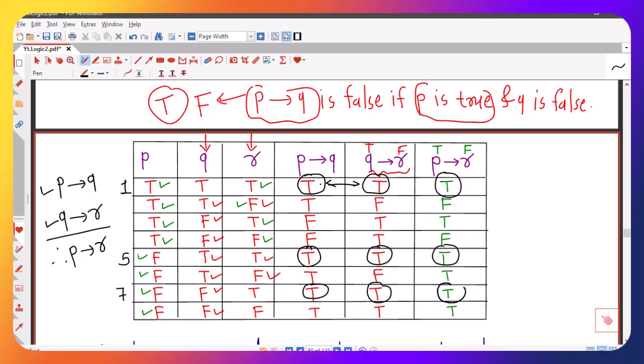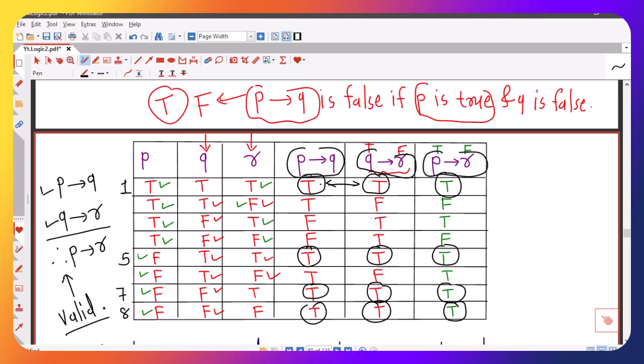So here also we can see P implies R is true. In 8th row also both are having truth value true and corresponding value of P implies R is also true. So what we have observed is that whenever P implies Q and Q implies R are true, then P implies R is also true, and therefore this argument form is valid.